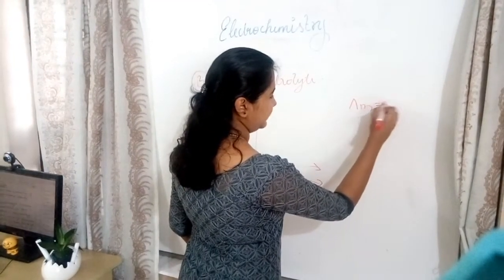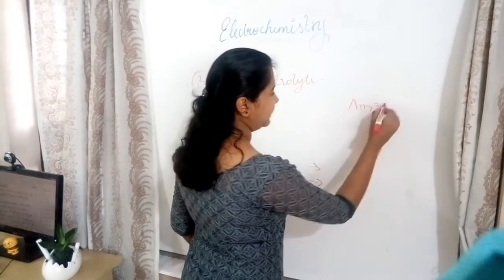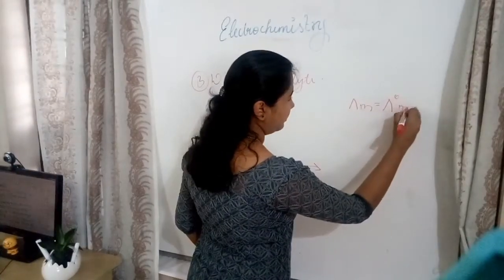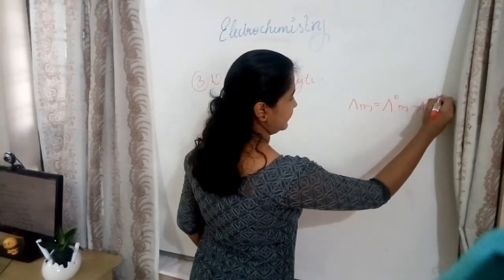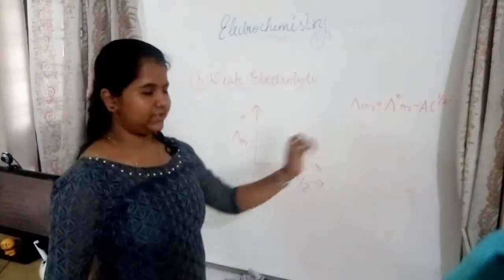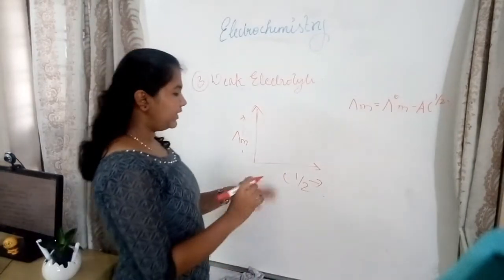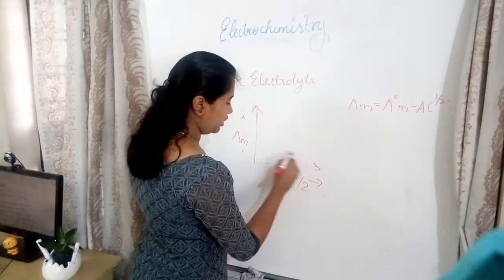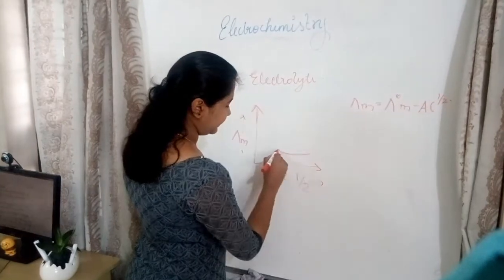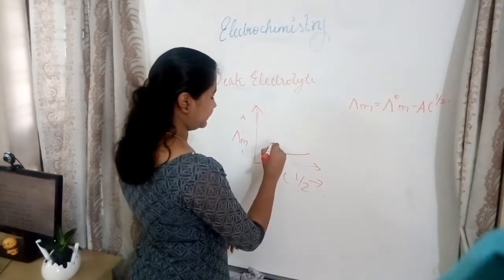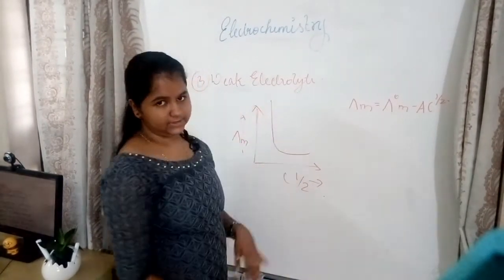Lambda M is equal to lambda 0 M minus A C half. We know that. So let's represent the graph. We know that the graph will be like this. There's an abrupt increase.